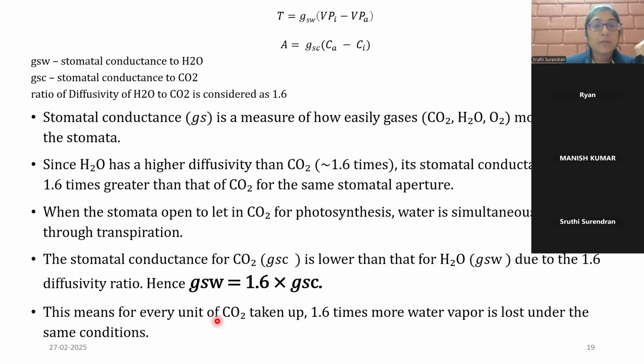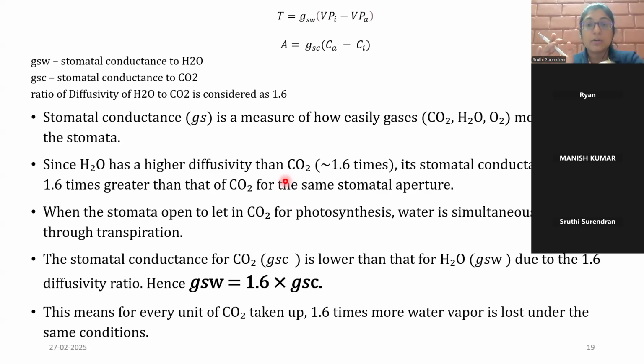So this again can be translated to the stomatal conductance. Stomatal conductance is basically how easily the gases can move through the stomata. Since water has a higher diffusivity than carbon dioxide, we know that water is a smaller molecule and carbon dioxide is a larger molecule.